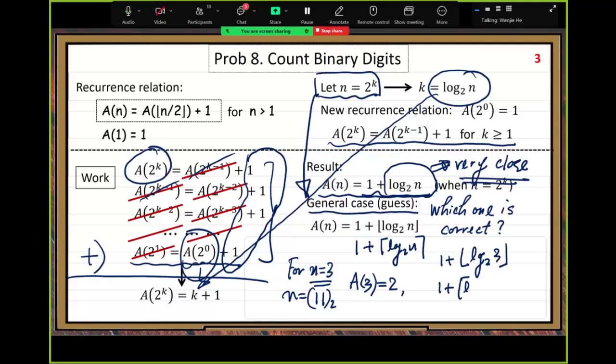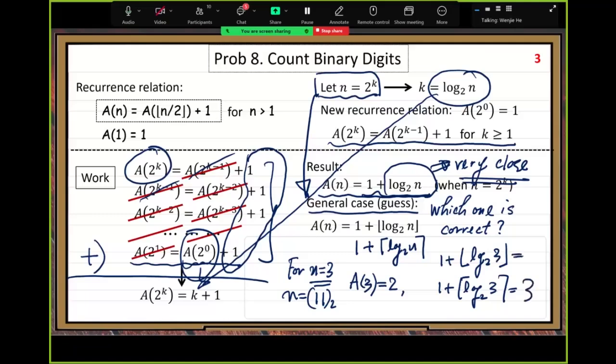So log base 2 of 3. Look at that. The ceiling function gives 1 point something, so you get 3, right?